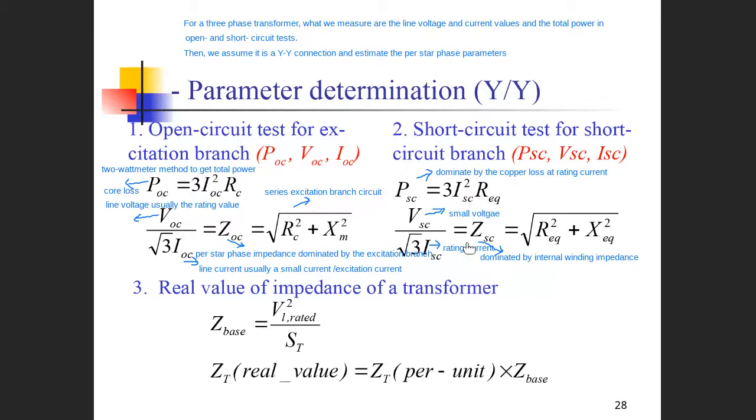And someone here may mention that you just got the per star phase equivalent impedance, which includes both the primary and the secondary. How can I draw the primary and secondary separately? As I just explained, in most cases the design of the primary and secondary transformer differs, because their rating voltage, current and power are different, and the number of turns and voltage are different.